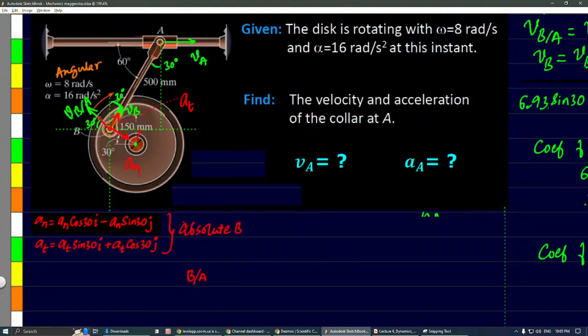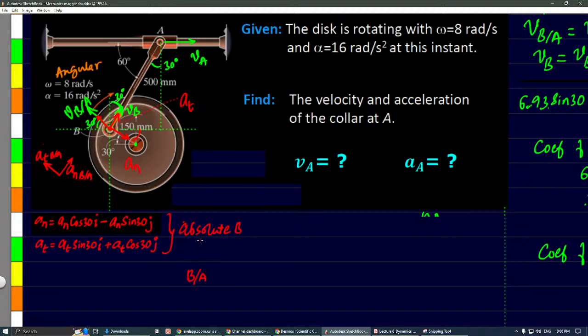One component will be tangential, one component will be normal. The tangential component will be acting in this direction, normal will be parallel to this. It's already very crowded, so I'm showing it here. This one is the tangential component of B with respect to A. This is the normal component of B with respect to A.